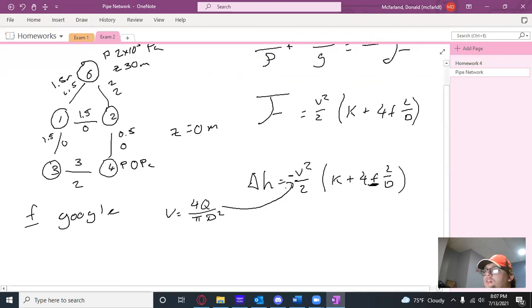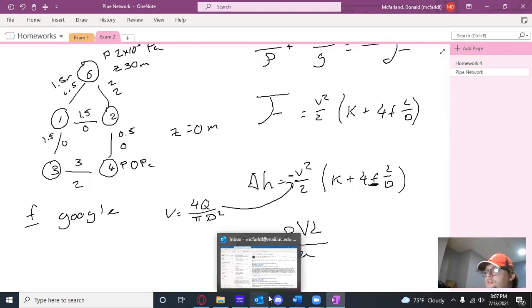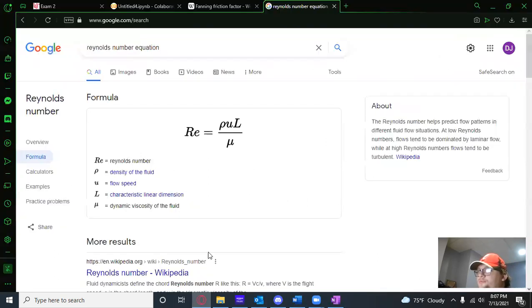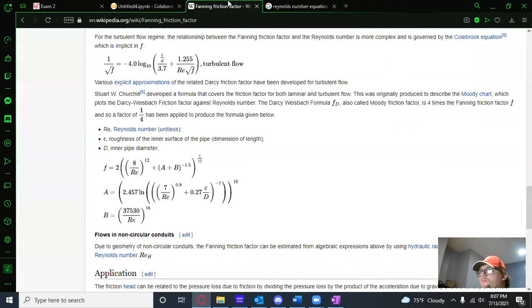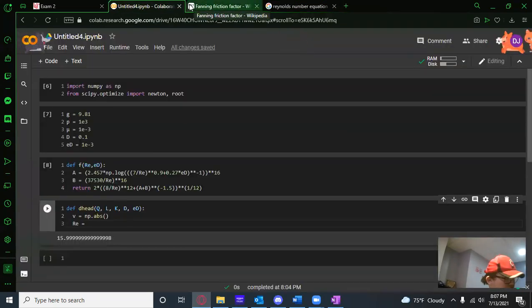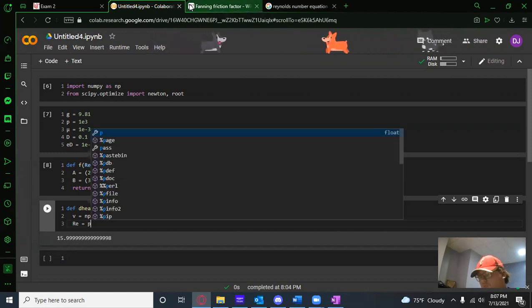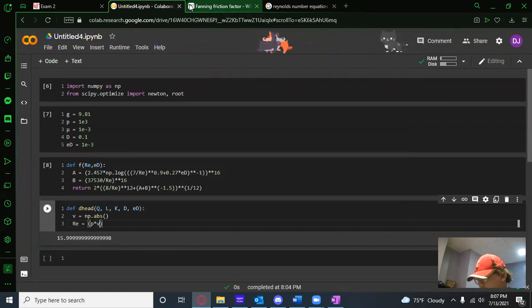But anyways, so we come back here. So Reynolds number is just rho density velocity times the length of the pipe over the viscosity of the liquid. So there it is. What's going to happen now is we have our rho times velocity times length divided by viscosity.